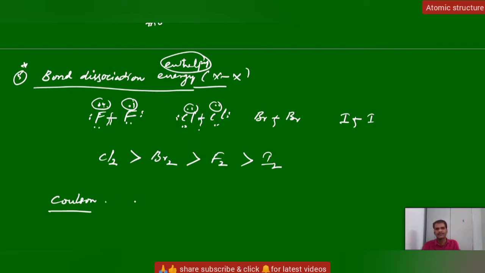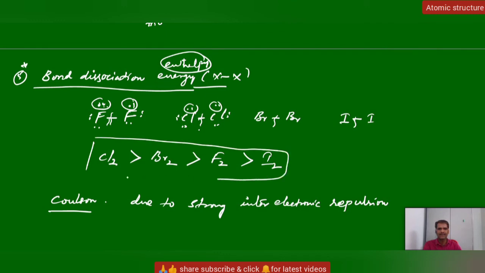So according to Coulson, due to strong inter-electron repulsions, in case of fluorine the inter-electron repulsions are very high compared to chlorine, bromine and iodine. So this order, chlorine, bromine, fluorine, iodine, is very, very important. Just you can take this.